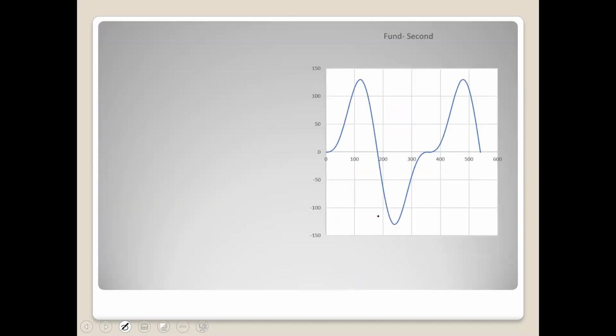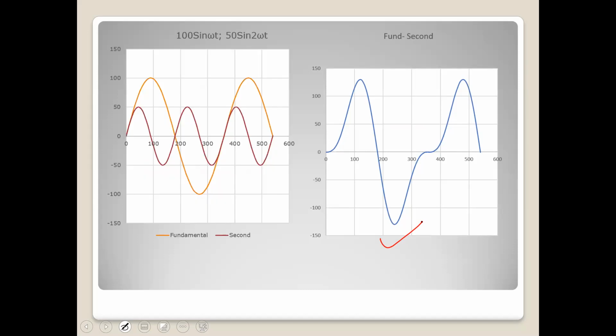Okay. And what you'll find is that for the fundamental plus the second, this is what we would get. Maybe I should have shown this first.